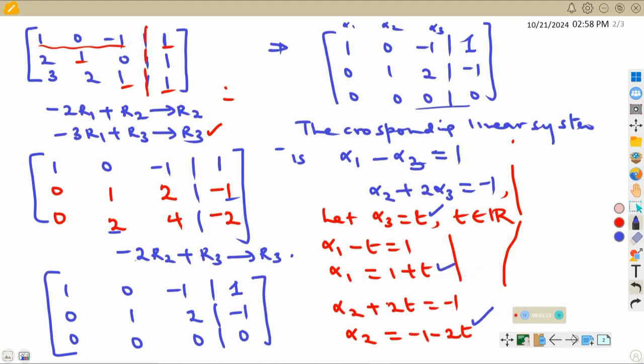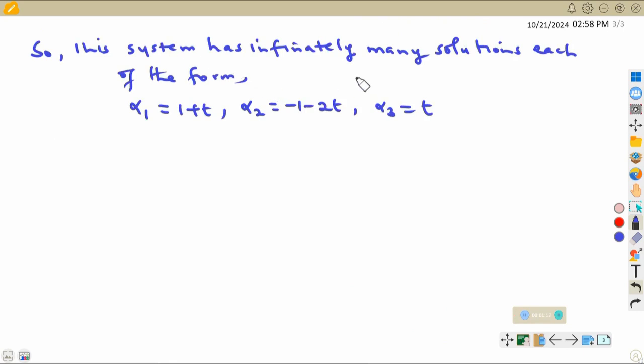So, since this system has infinitely many solutions, we can choose any one of the solutions. Let us say to obtain one solution, we can let t to be like 1.